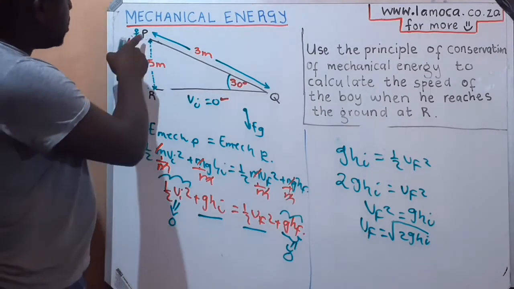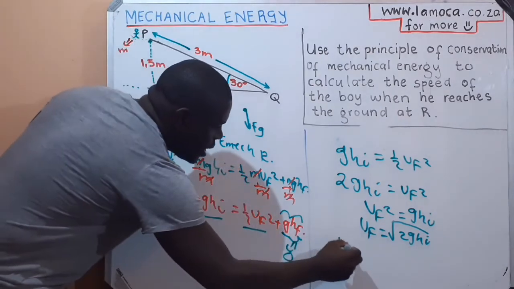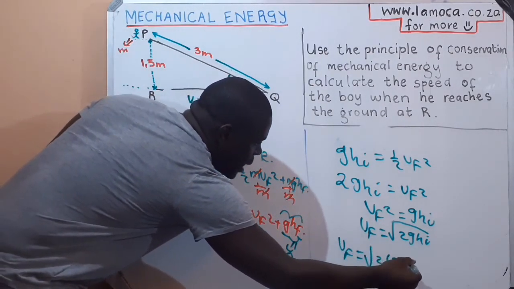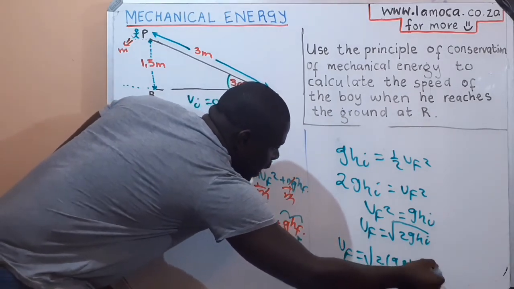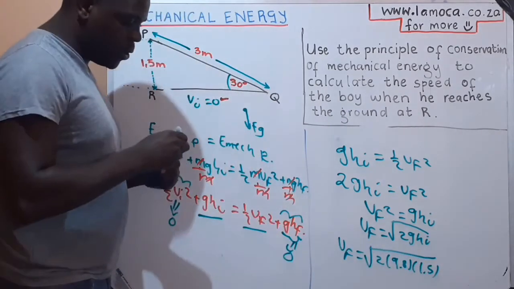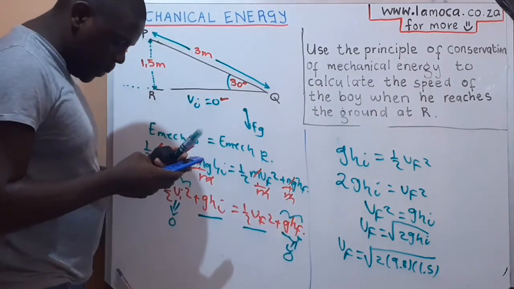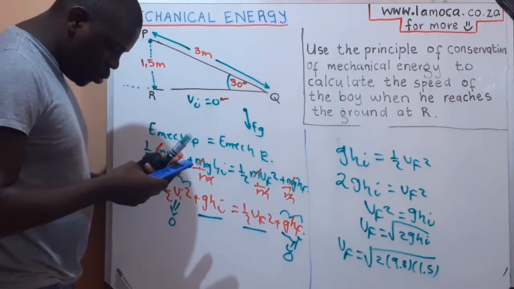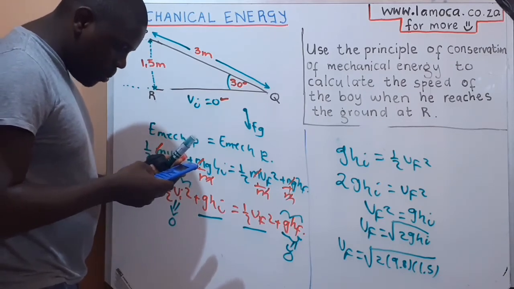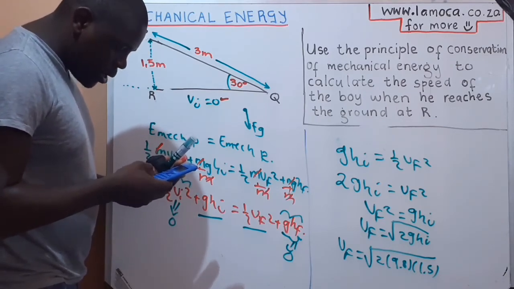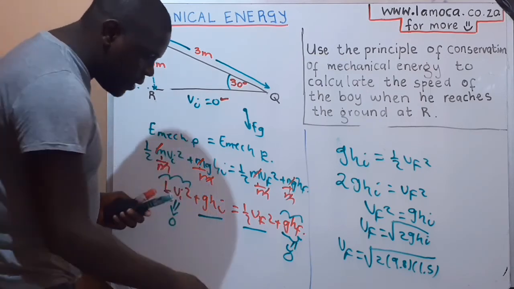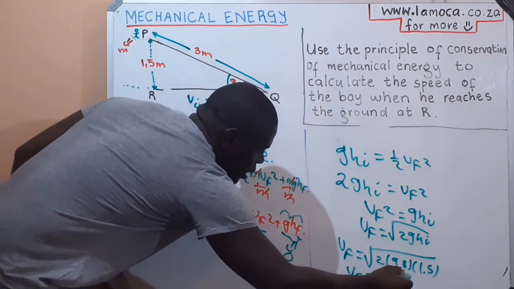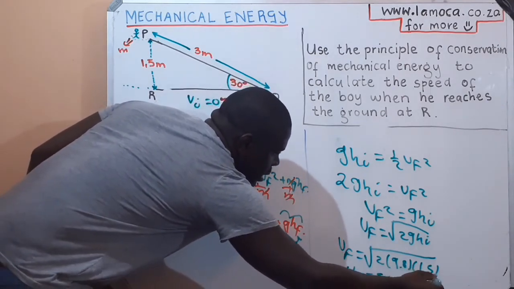My hi is the initial height, which is at P. So Vf is equal to the square root of 2 times 9.8 times 1.5. Putting that in the calculator, we get 5.42. So Vf is going to be 5.42 meters per second.